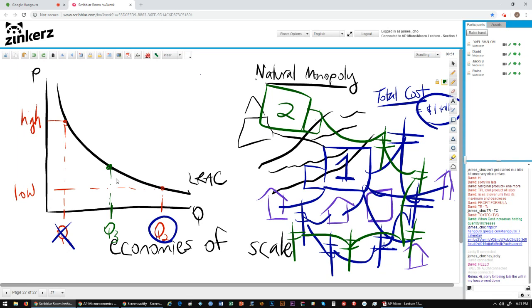It doesn't make sense to have a lot of companies competing against each other because the average total cost will be so high that nobody's going to be earning a profit. That's why in a city you don't see five or six different electricity companies to choose from. There's only one, and all the customers in that city have to buy electricity from that one company.